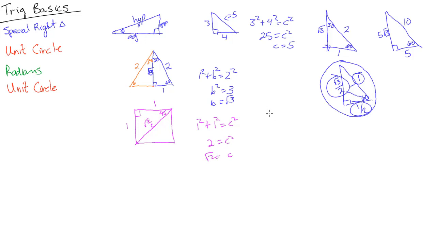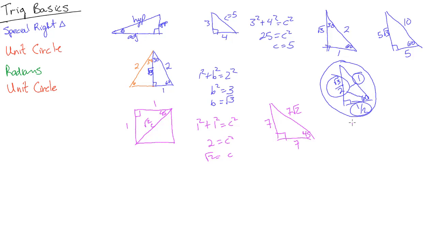This tells us no matter what 45-45-90 triangle we have, so there's a 45, and if this is 7, well, it's an isosceles triangle, so that's 7, and this is going to be 7 times the square root of 2. It's just this triangle multiplied by the constant ratio 7.